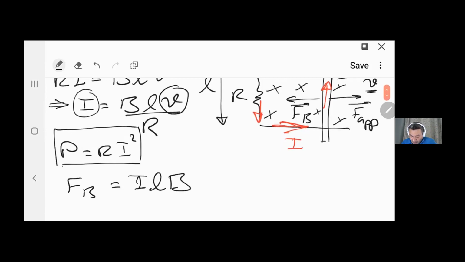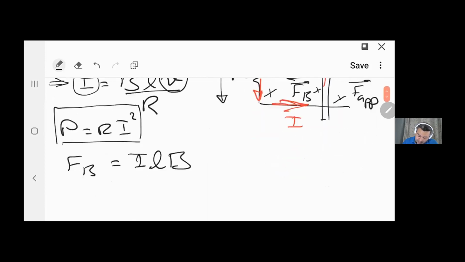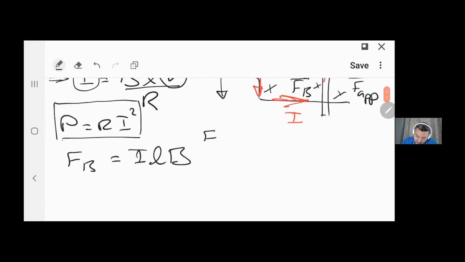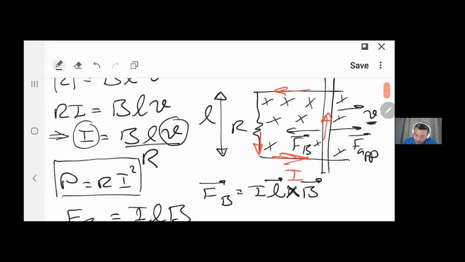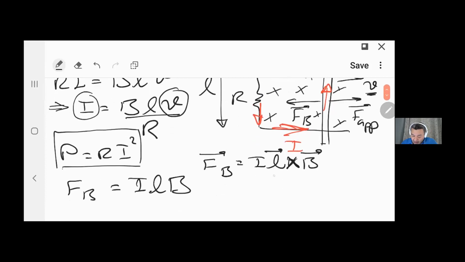Where did I get this one from? Well, this is the magnetic force from I L vector cross B vector. However, the magnetic field is perpendicular to the bar. That's why the L magnitude, B magnitude, sine theta is 1.